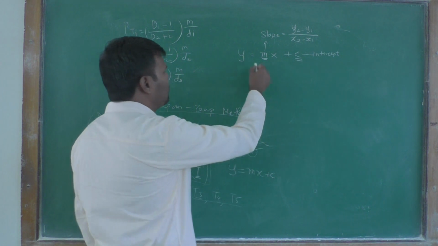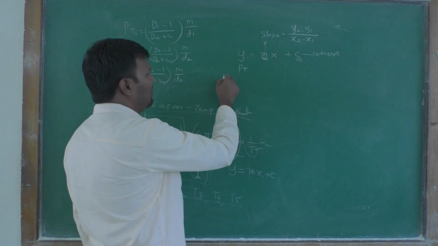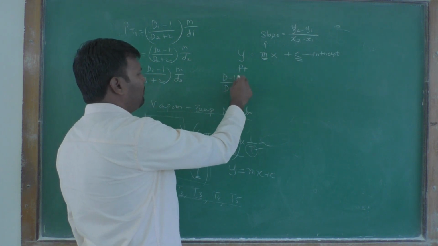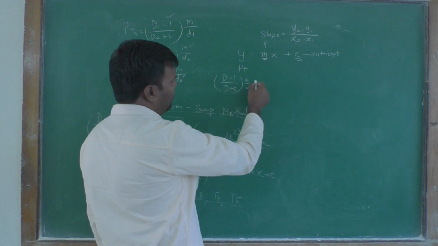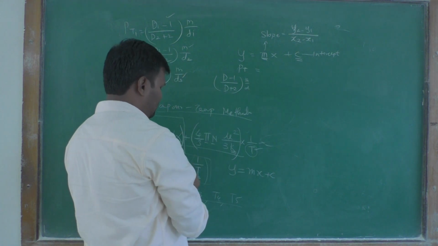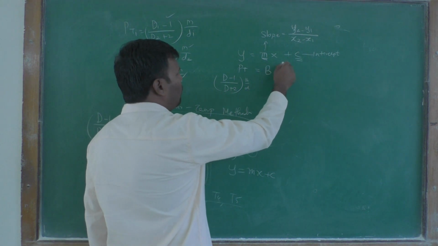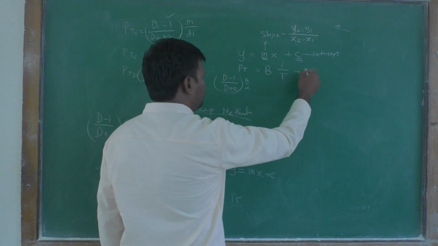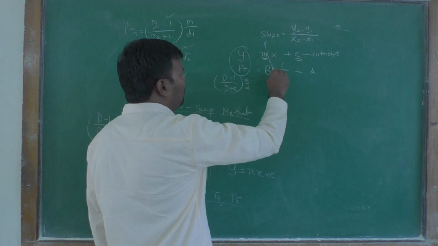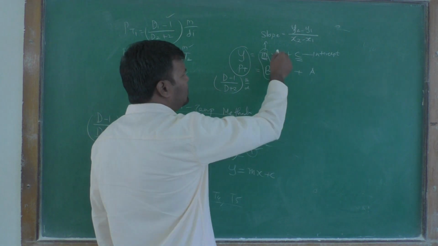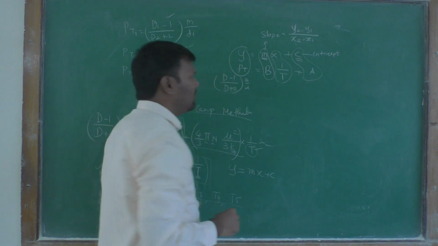Comparing this equation, our y is PT, which is nothing but (D minus 1)/(D plus 2) times M upon D. That PT we have already found for different temperatures, and x is 1 upon T, so we rearrange this as B times 1 upon T plus A. By comparing, y is equal to PT, m is equal to B, x is equal to 1 upon T, and c is the intercept.